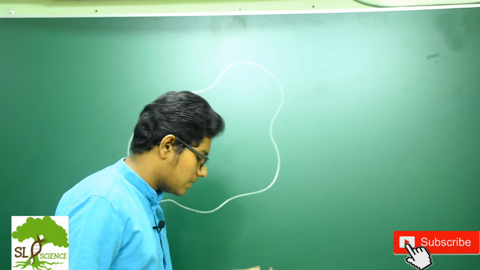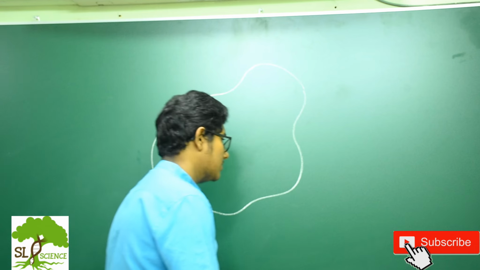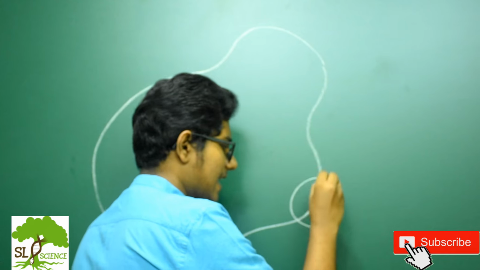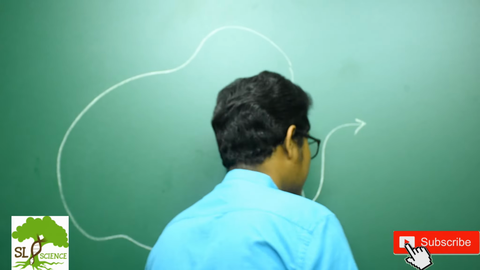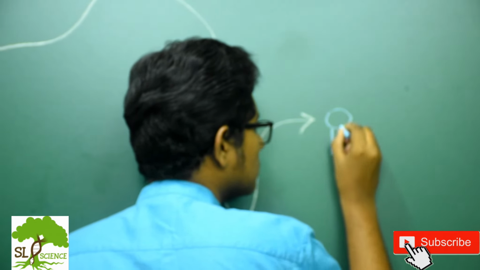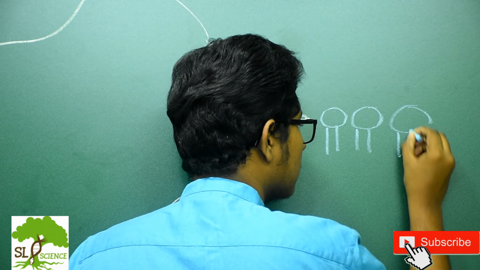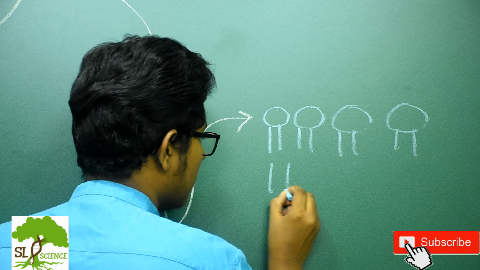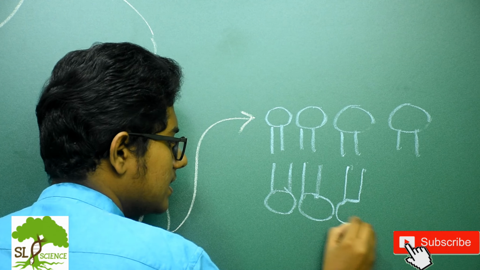When we consider the microstructure, the very small structure of this cell membrane, it's something like this. What are these things?